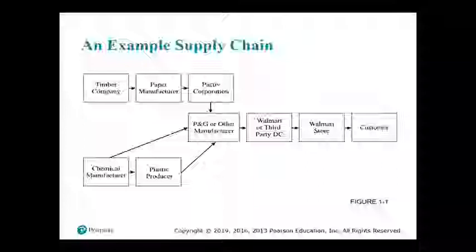So in this, what are some common cycles of production, information, and cash flows?